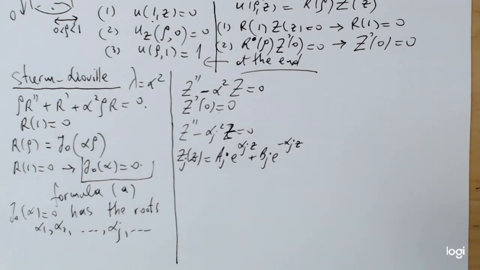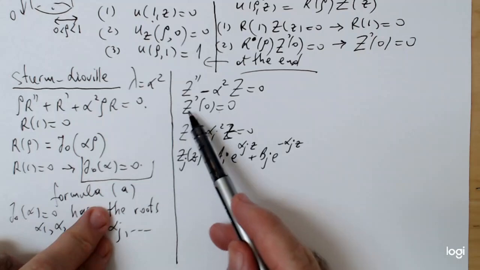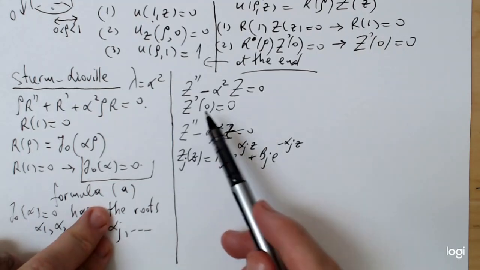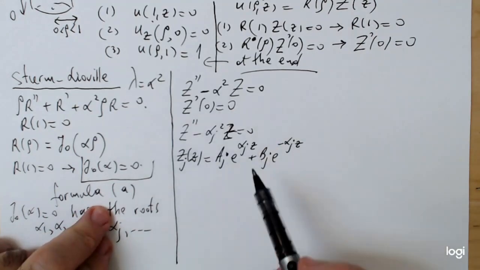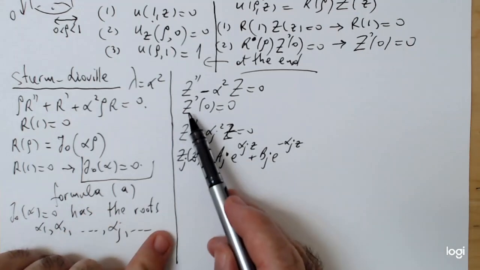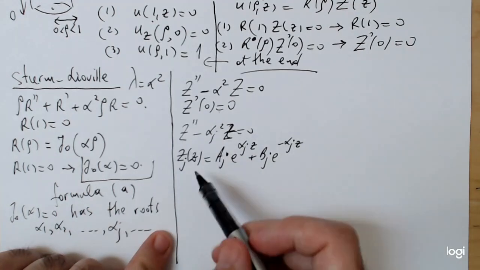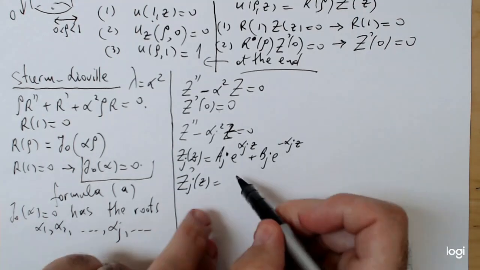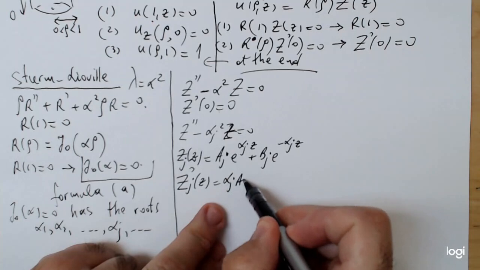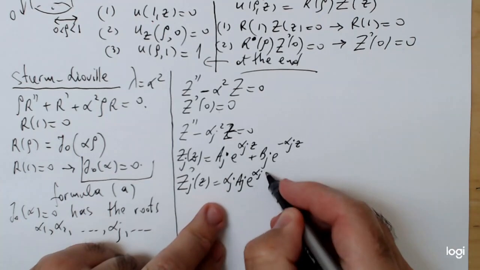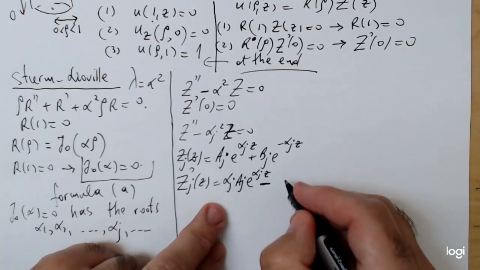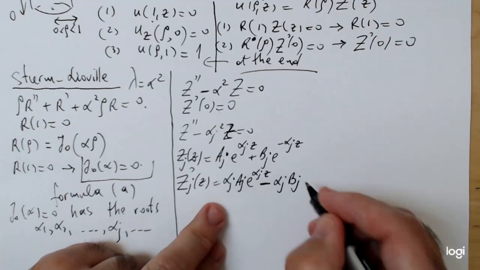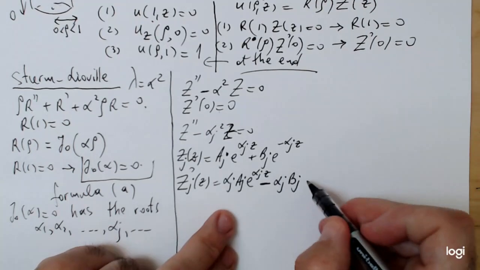Make sure you pause so you can follow through. Because look carefully, now we have to apply the condition that we have here for the equation in Z, which is in terms of a derivative. So I need to differentiate big Z first, and then plug in 0. So pay attention how there is this minus alpha j coming up here from the chain rule.